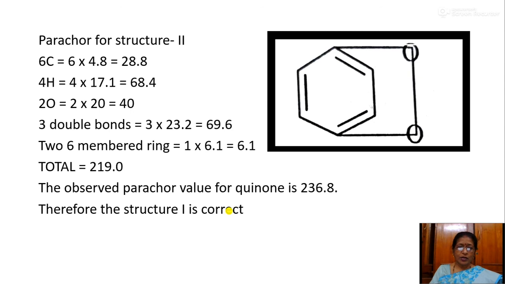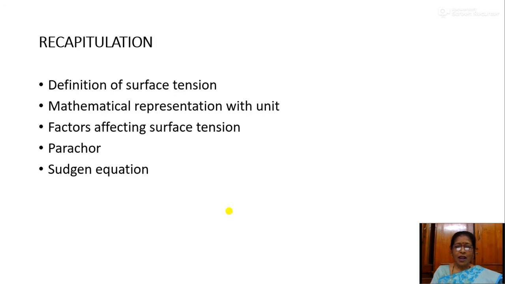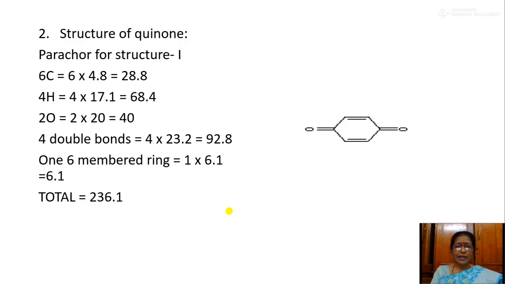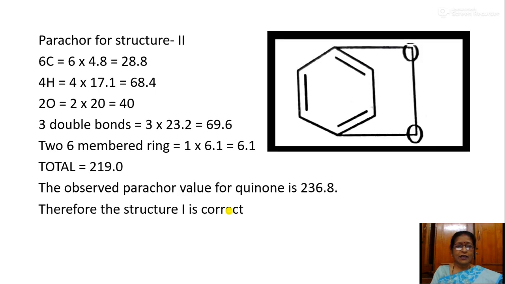From this you can observe that the observed parachor value for the quinone is 236.1. Now when compared to structure 1 and structure 2, you can judge that structure 1 for the quinone is correct.